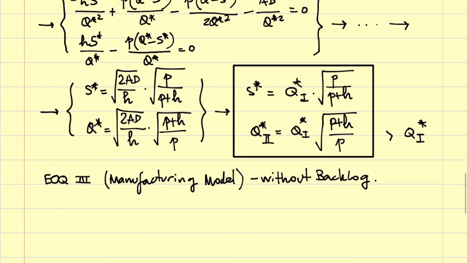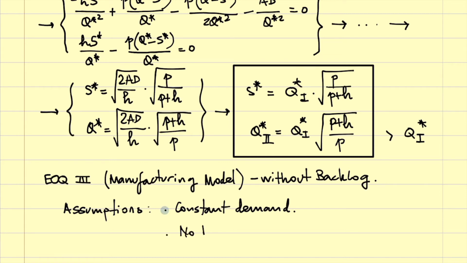In this model, the assumptions are as follows. We have a constant demand. Okay. We have no backlog allowed.